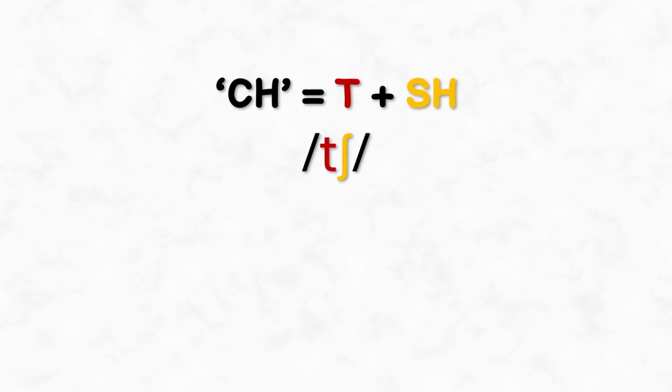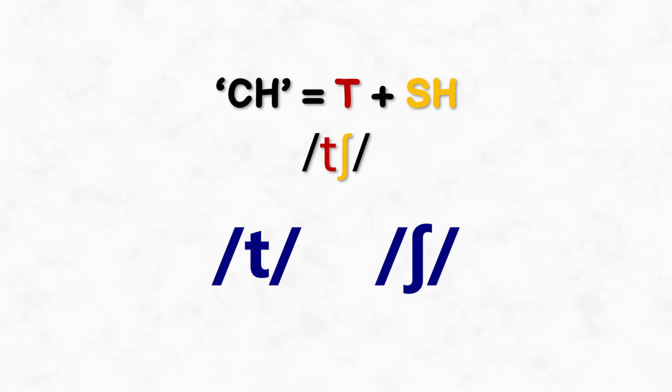The sound ch is actually a combination of two sounds, t and sh. You can see that in the International Phonetic Alphabet below, its symbol is a T and a squiggly S. The squiggly S being the symbol for sh. Pronounce these two separate sounds closer and closer until they blend into a single sound to make ch.